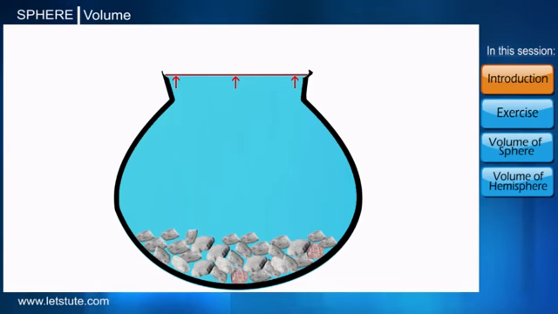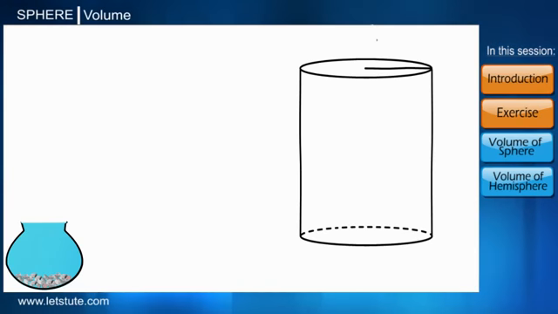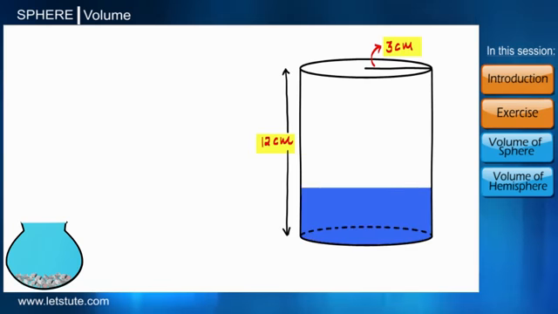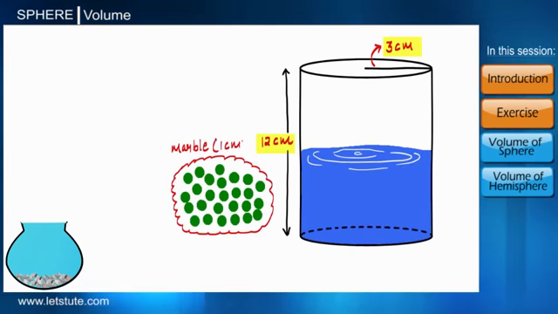So guys, let's try to play with this logic and suppose that if a similar type of exercise would have been given to us, like a cylindrical glass with radius 3 cm and height 12 cm is half filled with water, and some identical marbles of radius 1 cm are kept aside.